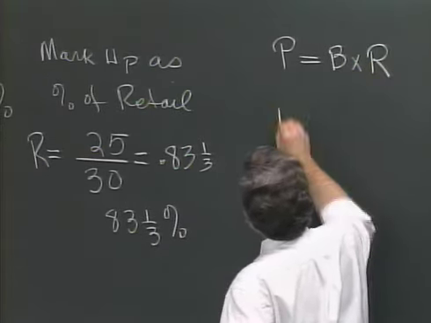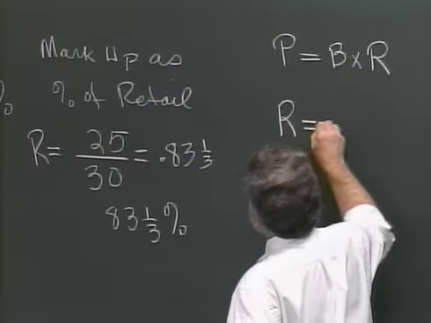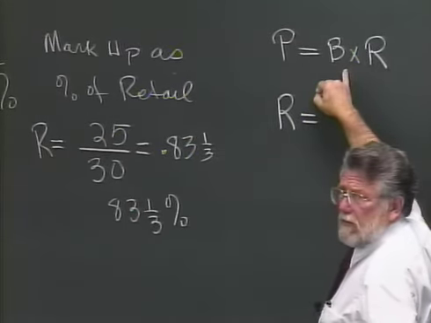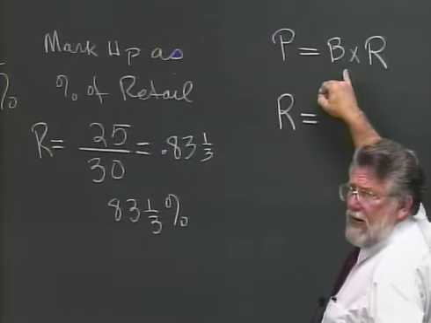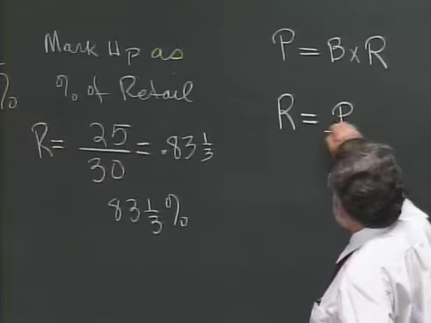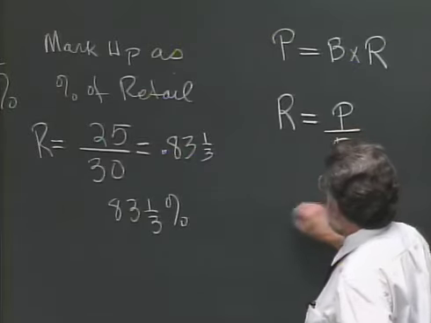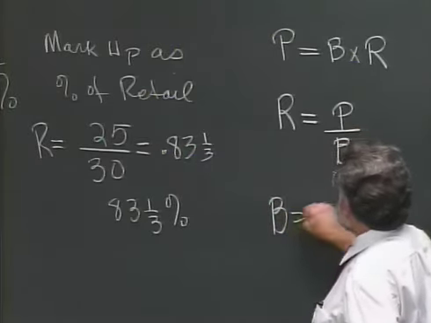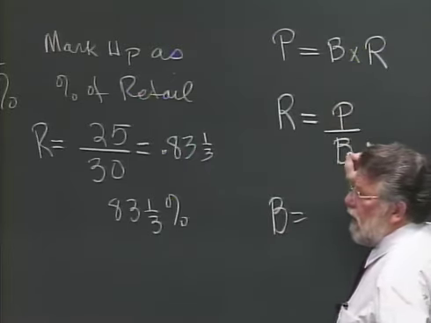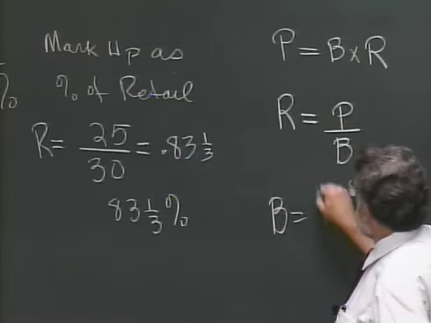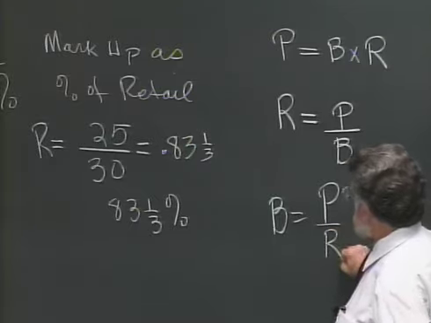Then the rate is, how do you get the rate from this problem? Divide both sides by the base. So you get the percentage over the base. And finally the base, coming back to this problem, divide both sides by R. And you get P over R.